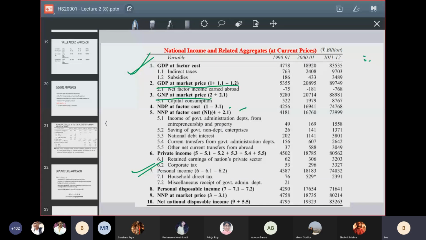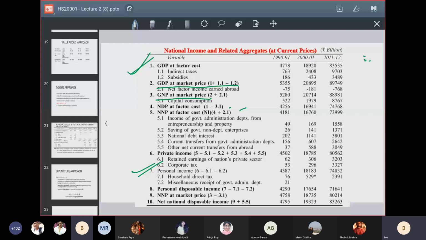Similarly, factors of production of India are employed in other countries. So India receives factor income from abroad when India's factors of production are employed in other countries.